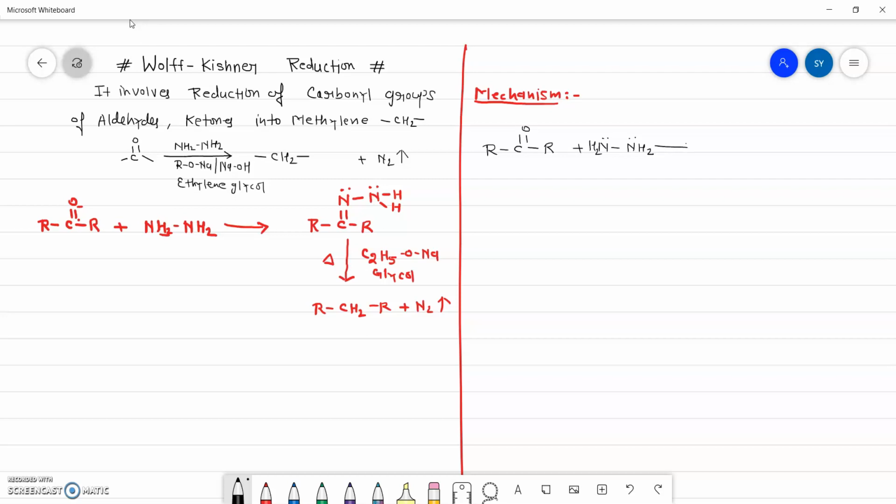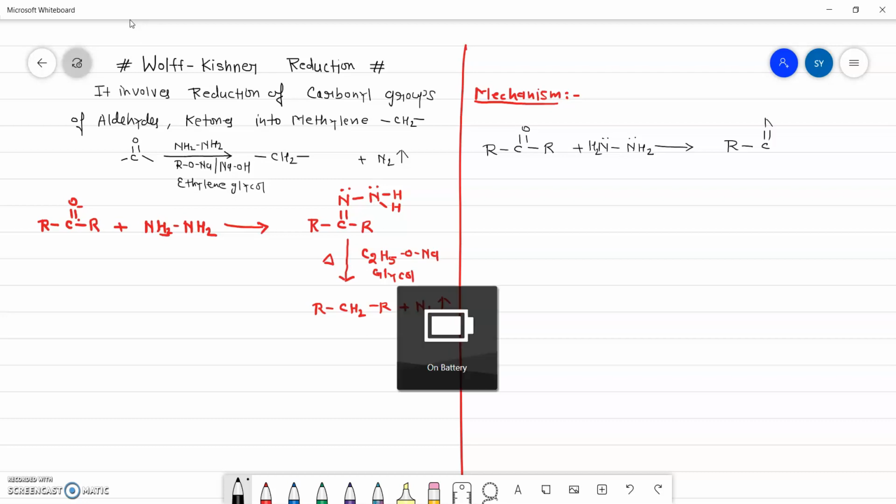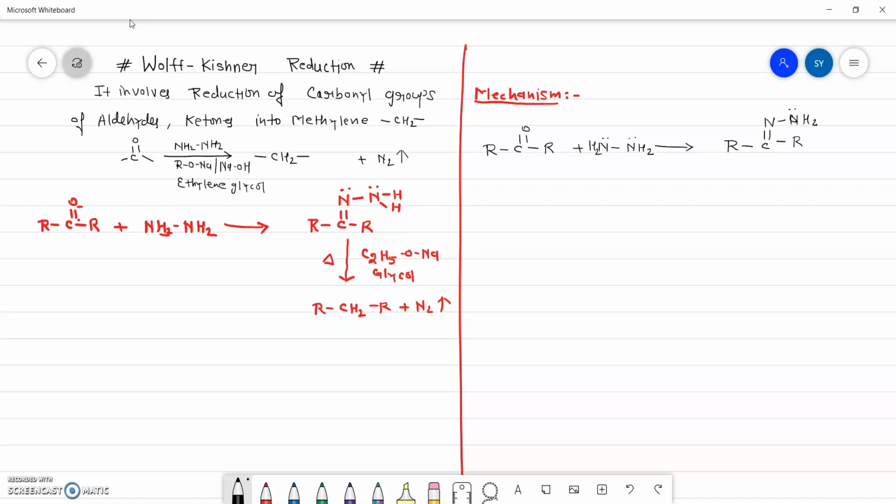I am writing directly that. After that we'll give you the mechanism. C double bond N bond NH2, okay, and there is an R. So what is going to happen here, this is called a hydrazone. इसको हम लोग hydrazone बोलते हैं.